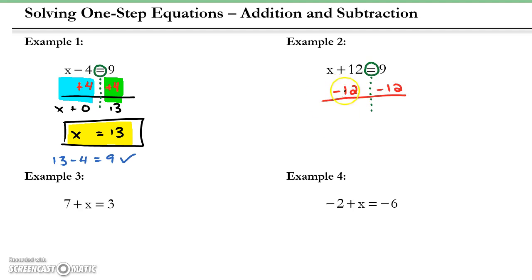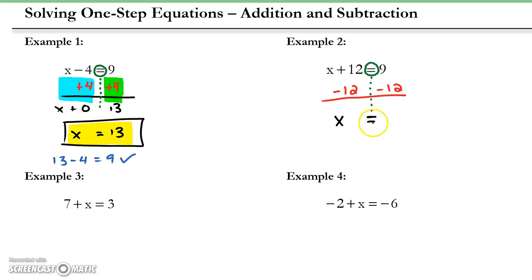My equation is still balanced. I don't need to write the x plus 0 line. I could go straight from here and recognize that plus 12 minus 12 is 0. That leaves me with just x. My equal sign should never move. It should always go straight down this vertical line. I can say that x equals 9 minus 12.